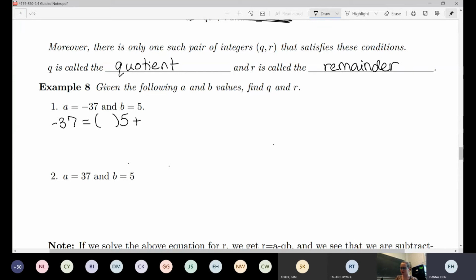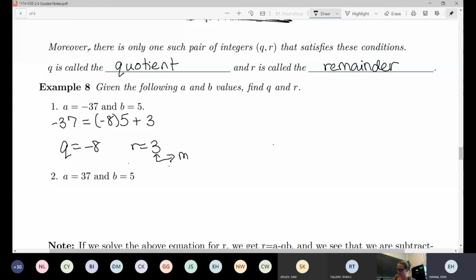The answer would be negative 8, because that would get us negative 40, which is less than negative 37. And then we'd have to add on an extra 3 to bring it back up to negative 37. So here our q ended up being negative 8 and our r ended up being 3.